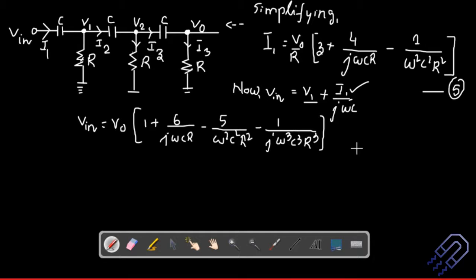So this is what you should get. We can mark this as equation 6. So you get in total 6 equations.